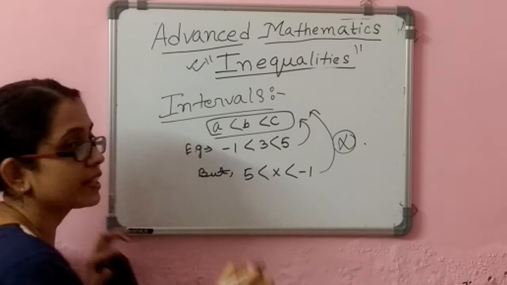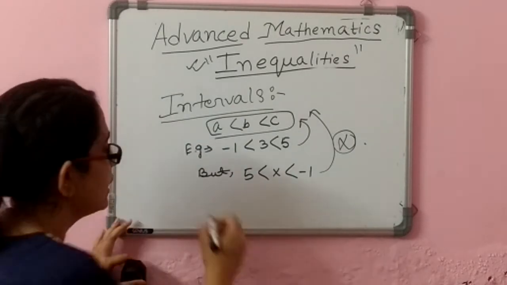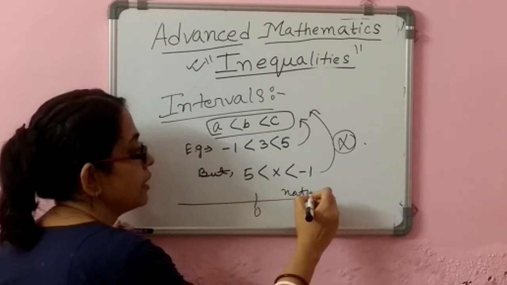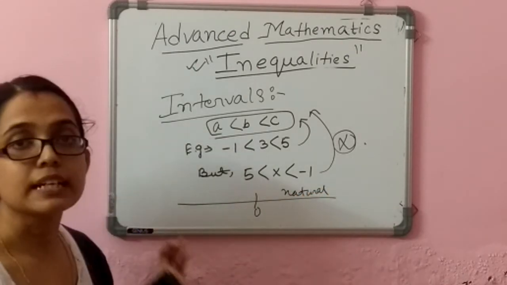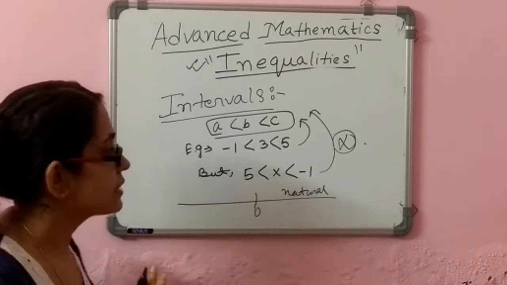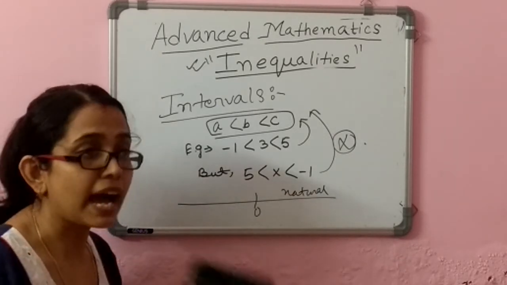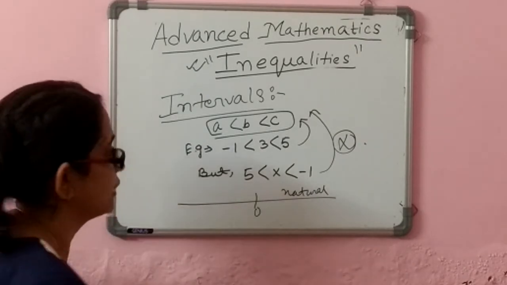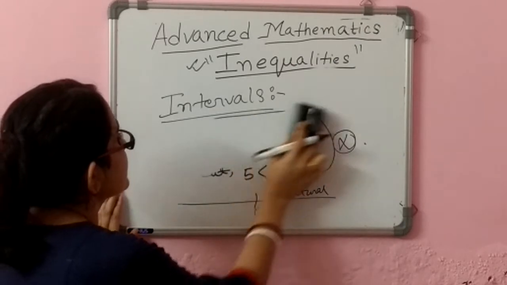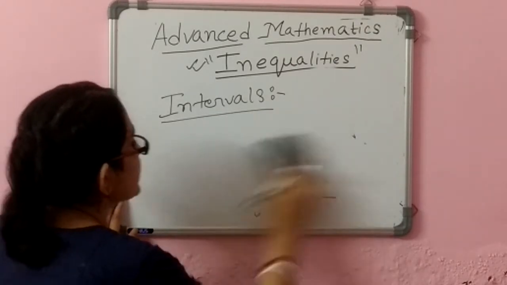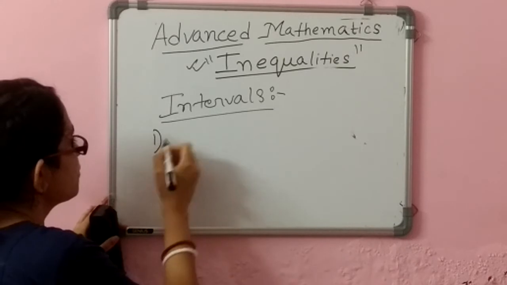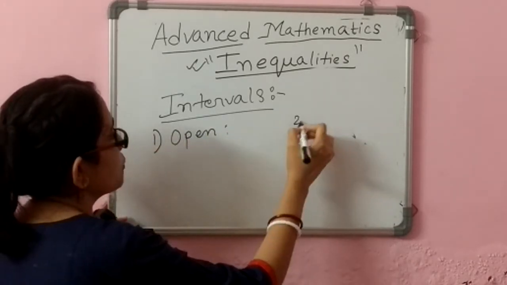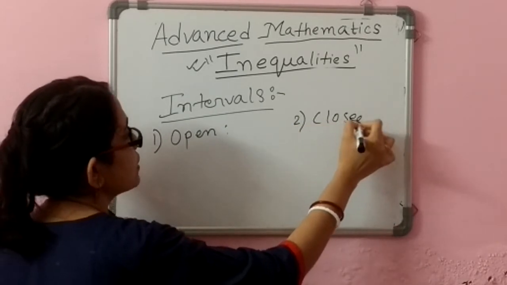So it is very important that when in a number line we consider any natural number, we have to know its interval, means where it lies on the number line, which values we can consider for that natural number. So for this there are 4 intervals. Number 1 is the open interval. Number 2 is the closed interval.